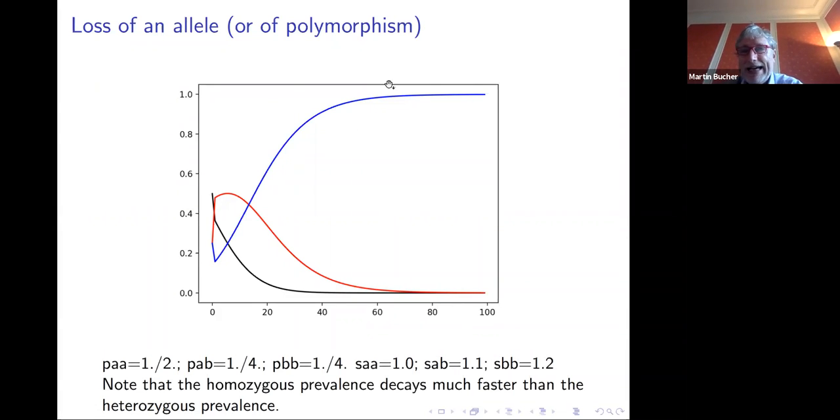So in the end, everybody gets B after enough generations. And the A allele gets lost because it's not as good in terms of fitness. So this is the kind of thing that would be sort of the mathematical illustration of Darwinism, how it works.